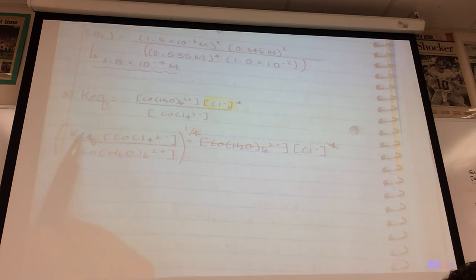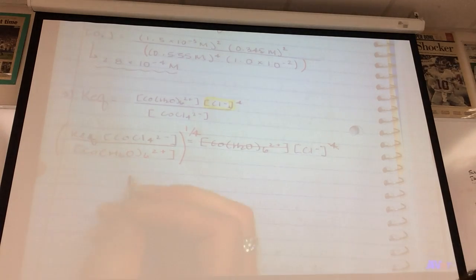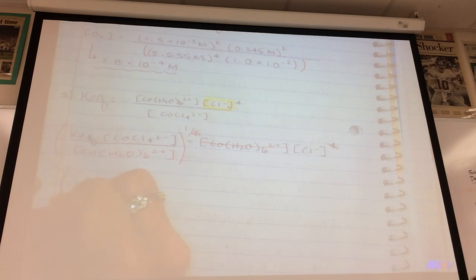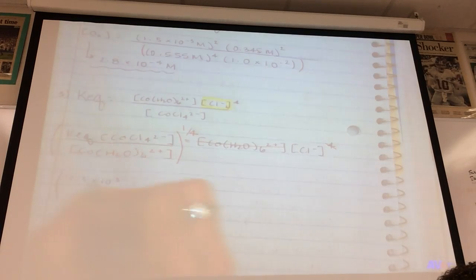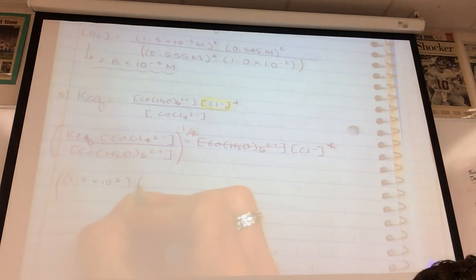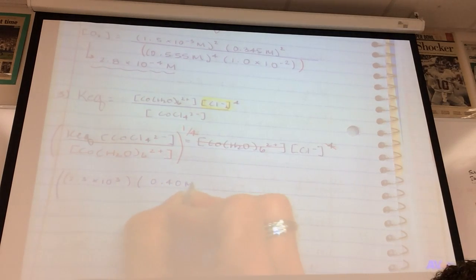So you can do this times this over this, arrow up, 0.25, or arrow up, open parenthesis, 1 divided by 4, close. I'll write it out. All right, let's plug in and solve. Just make sure you put the right concentrations in.